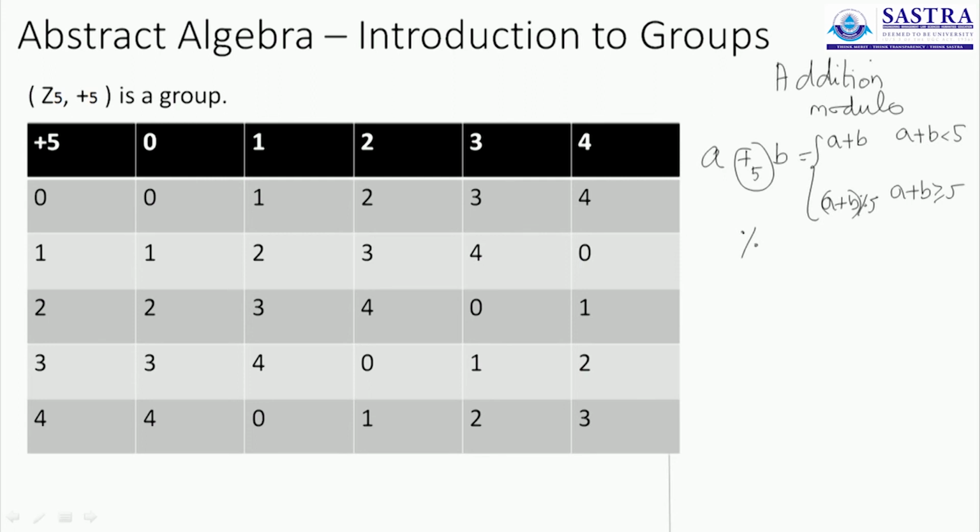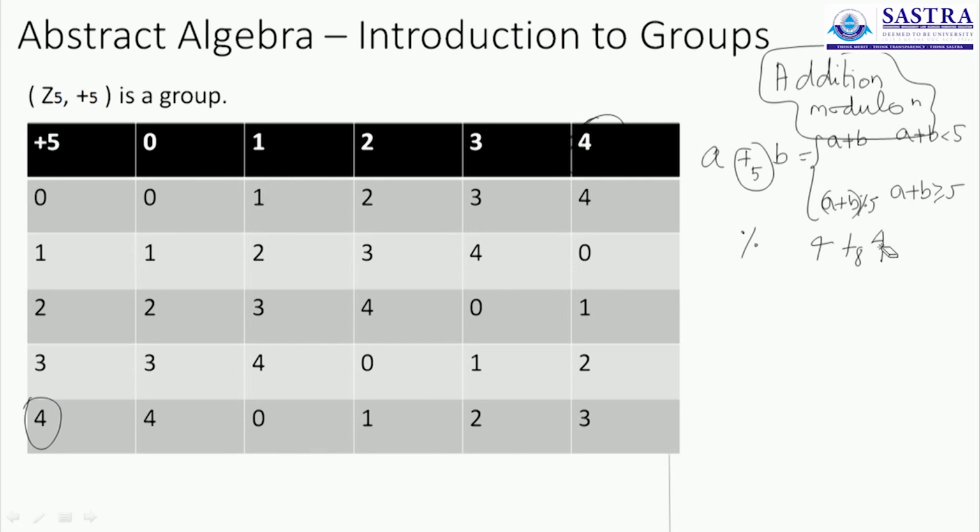Such an operation is called addition modulo n, and in particular we are doing it with the element 5. To give you an example, let's pick up what happens when you add 4 and 4. 4 and 4 is actually 8.